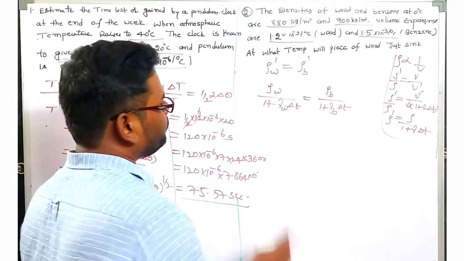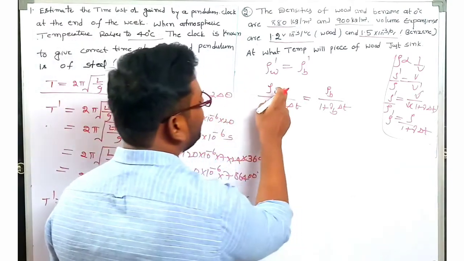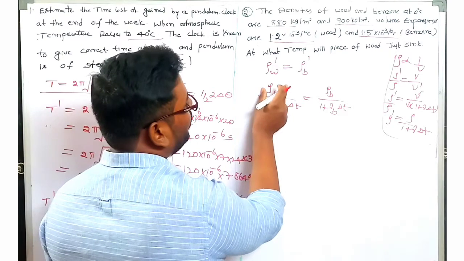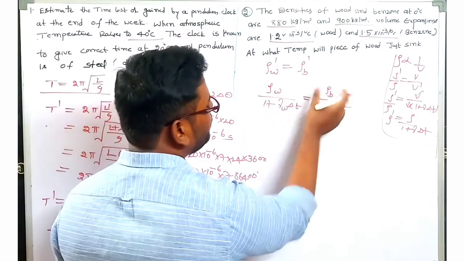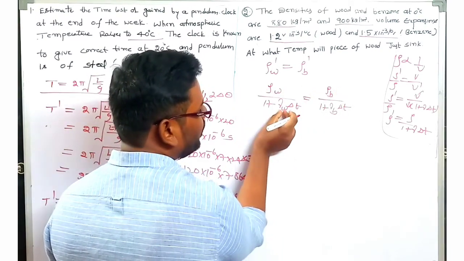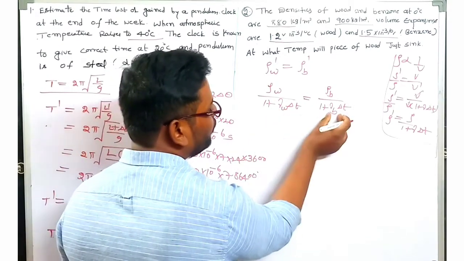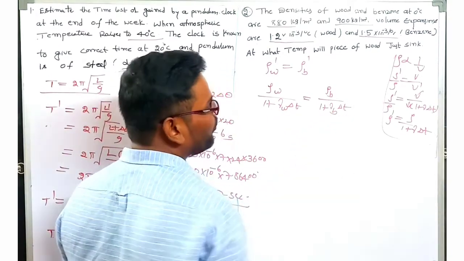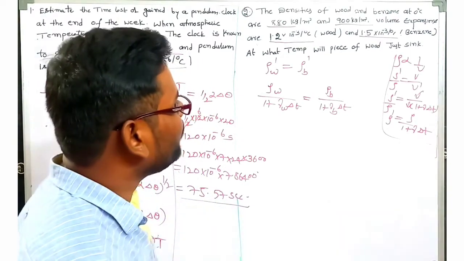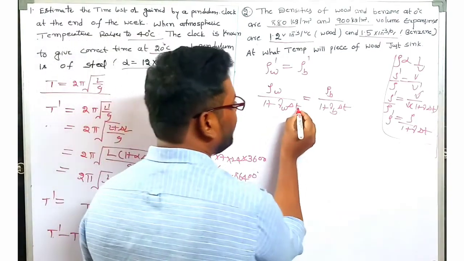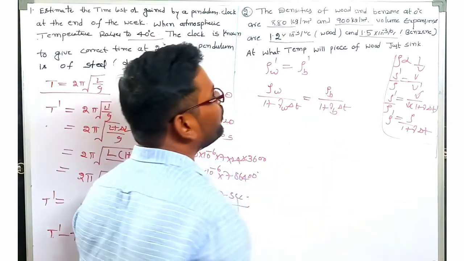So in this situation, they have given the density of the wood and the density of the benzene, and the coefficients of volume expansion of wood and of benzene. What we have to find is the temperature, at what temperature, so delta T we need to find.